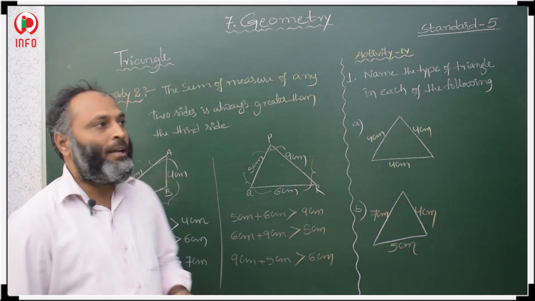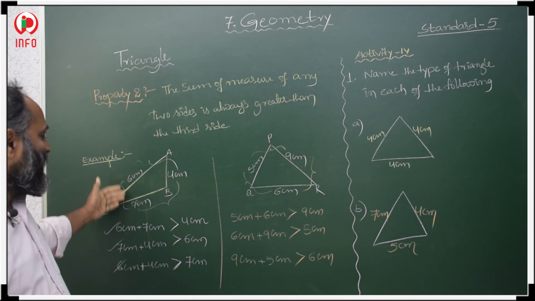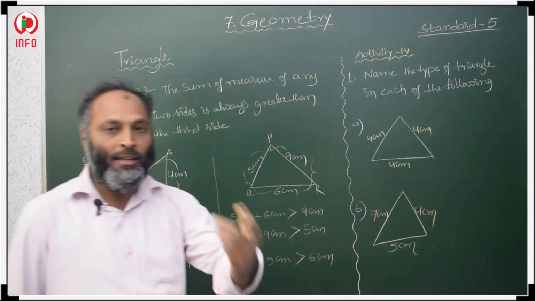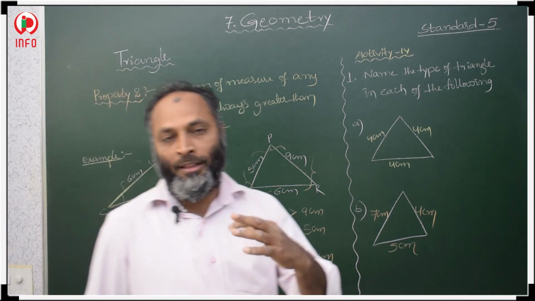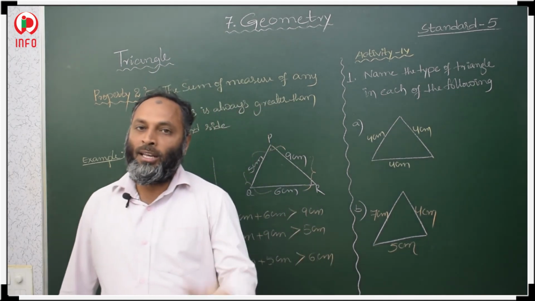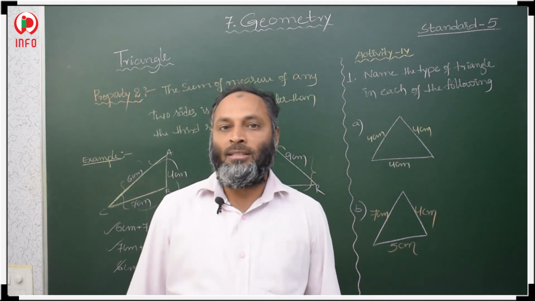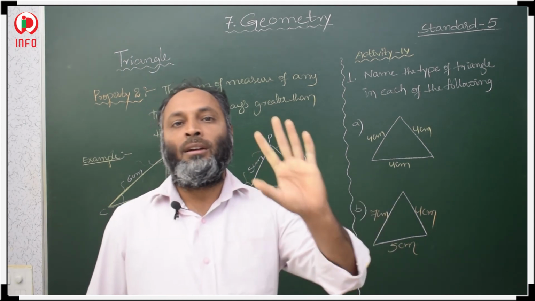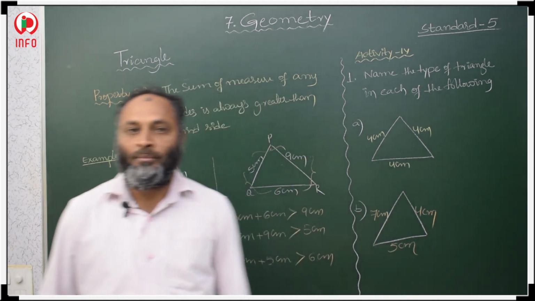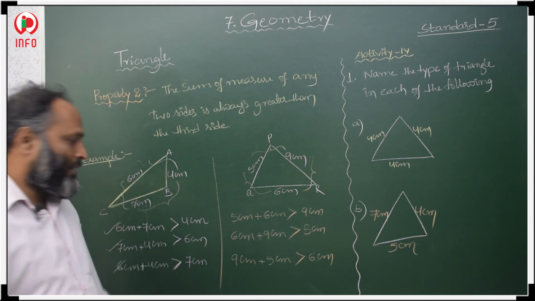The second property: if we add any two sides in a triangle, the sum should be greater than the third side. Then only we can construct a triangle. Like this we have to check.